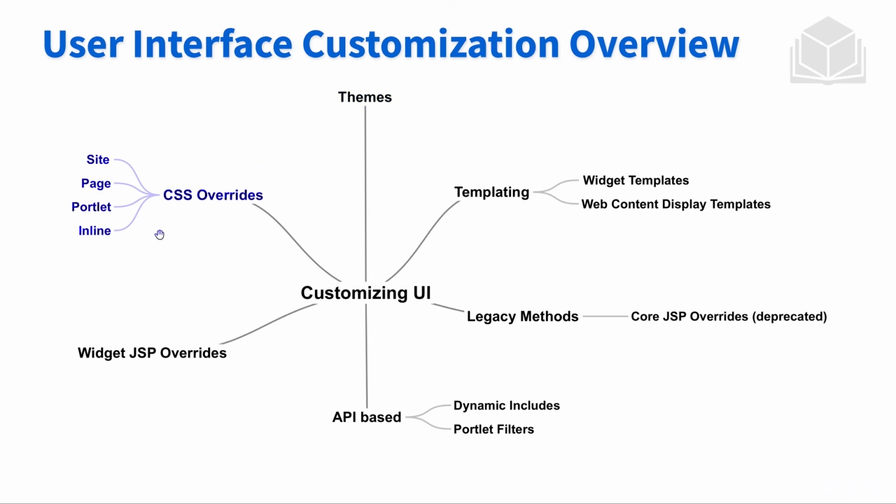We have your typical CSS overrides. That's where you're going to do a lot of the styling for sites, pages, portlets, and inline coding. Also widget JSP overrides for overriding any functional styling that you need to do there. We have API-based customizations, some legacy methods that are left over that were deprecated, and any templating that you need to do for your widgets.